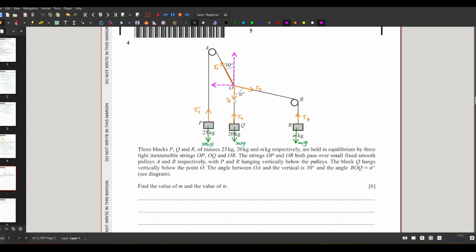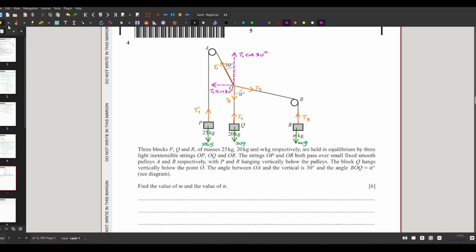So we can write, since this is the angle 30, so then it is T1 cos 30. Oh, sorry, it became a dotted line. So this is T1 cos 30, and this one is T1 sine 30.